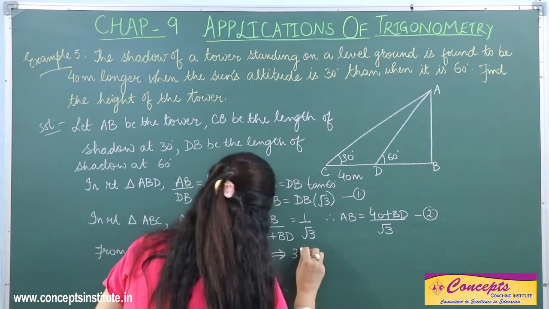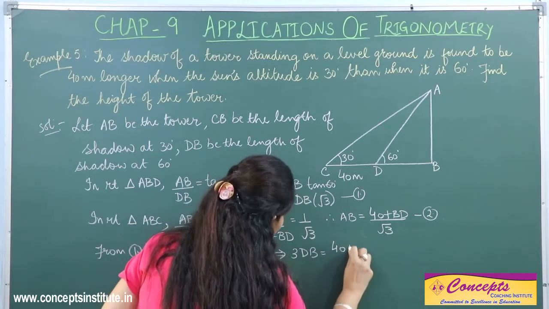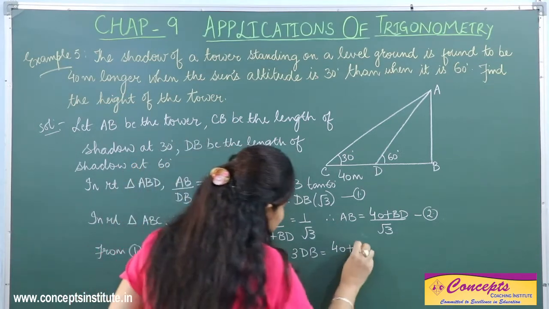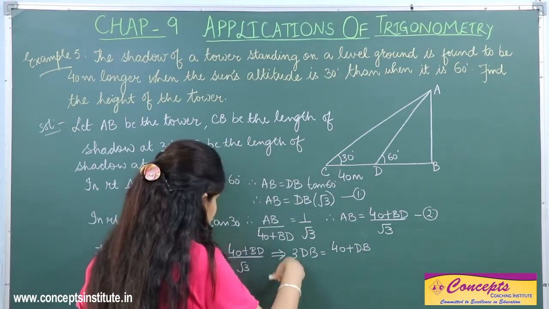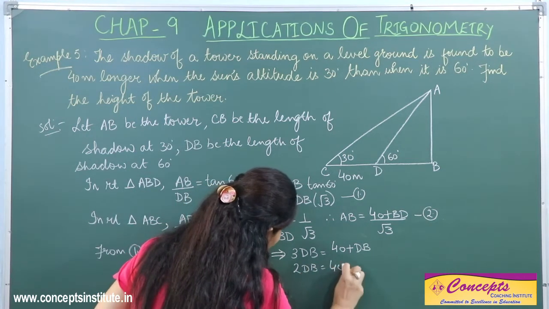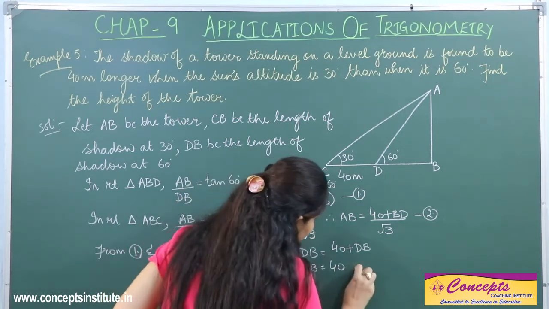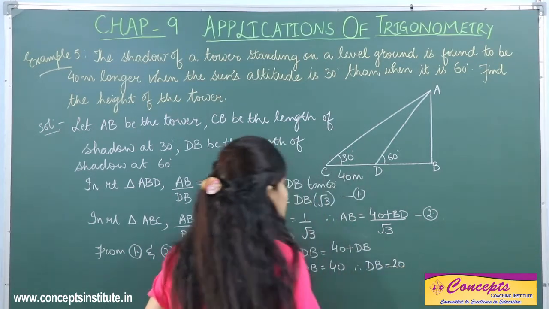So we get 3 DB equals 40 plus DB, I am writing this also as DB, otherwise it gets confusing. If I take this to the left hand side, what do I get? 2 DB equals 40, and therefore DB comes out to be 40 upon 2, which is 20.